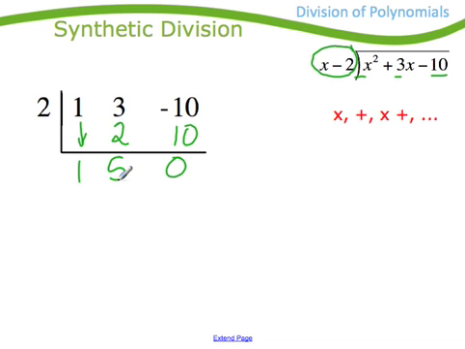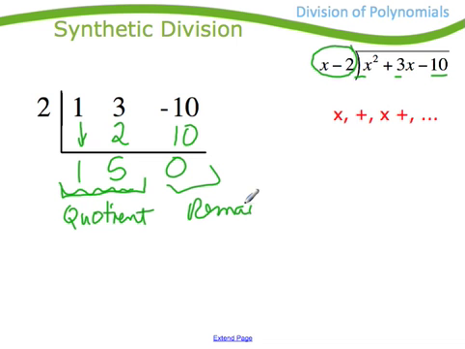Now, the way that I read this answer down here at the bottom is this part here is my quotient, and this part here is my remainder. Okay, so if this one started at x squared, then my quotient is always 1 degree less than that.